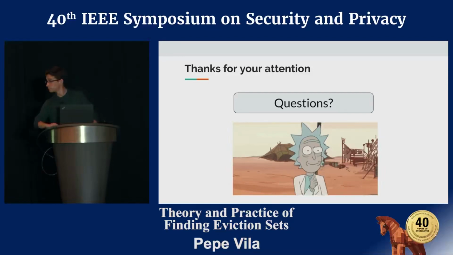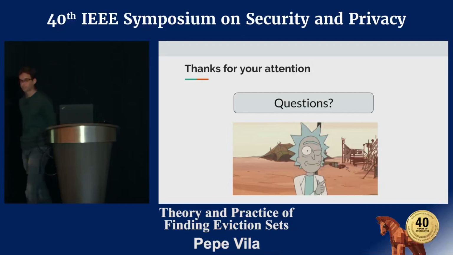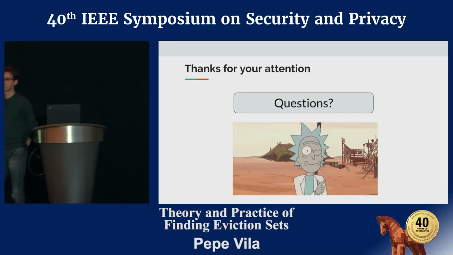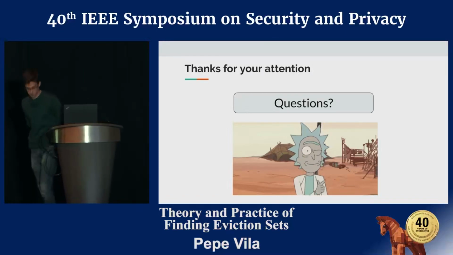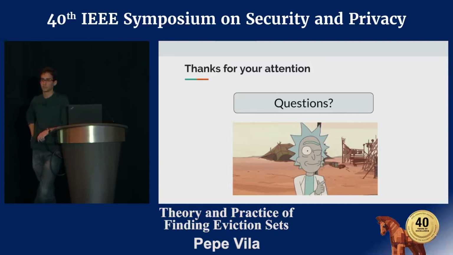Hi, my name is Guru Raj from Georgia Tech. Excellent talk, loved it. So I'm from the computer architecture community, and in that community, there's been some interest in trying to make this task of discovering eviction sets harder.